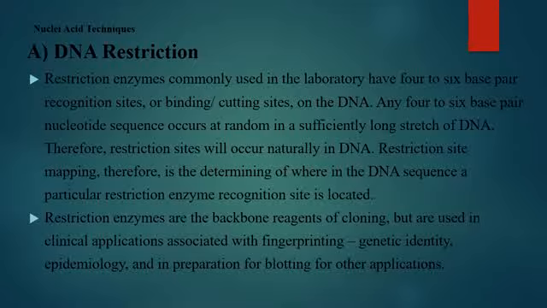Now, the restriction enzymes commonly used in the lab have 4 to 6 base pair recognition sites, or binding or cutting sites, on the DNA. So it's able to identify these cutting sites on the DNA. Any 4 to 6 base pair nucleotide sequence occurs at random in a sufficiently long stretch of DNA.